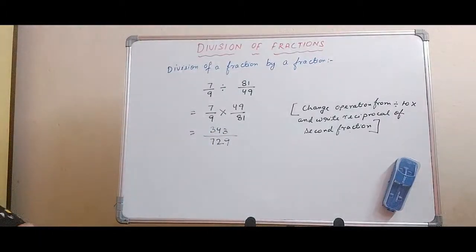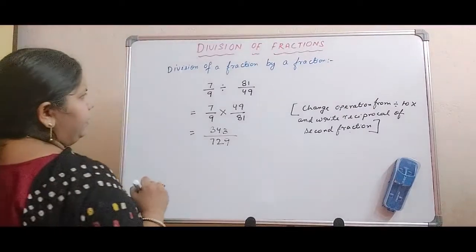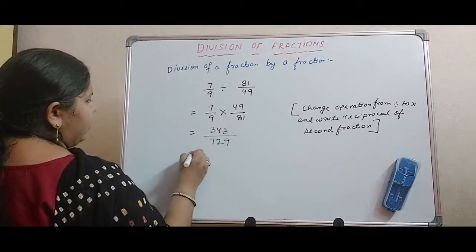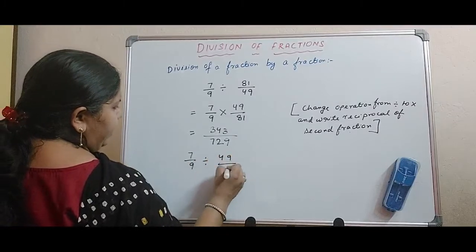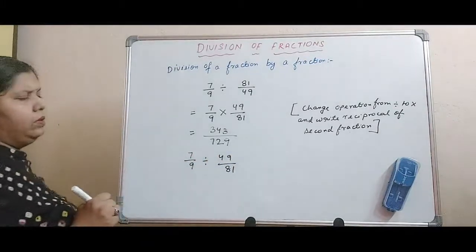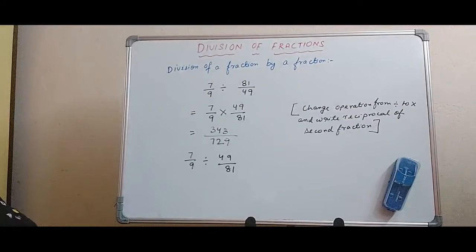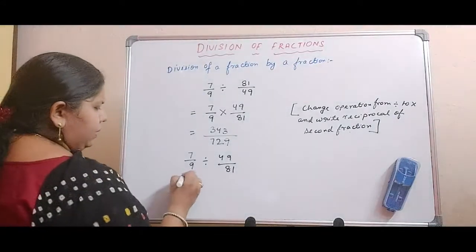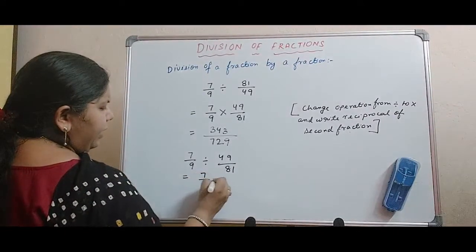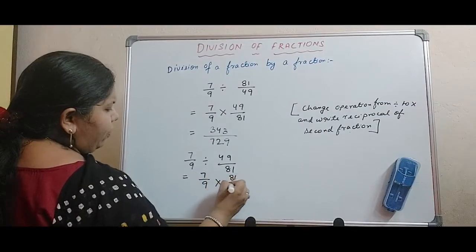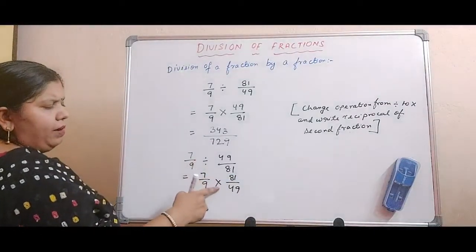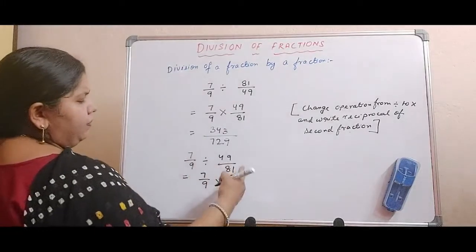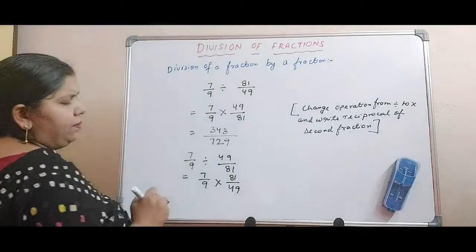Suppose now I change the question a little bit. Suppose the question is now 7 by 9 divided by 49 by 81. Now what will I do? 7 by 9 into 81 by 49, because the operator is changed from division to multiplication and the reciprocal of the second fraction is 81 by 49.